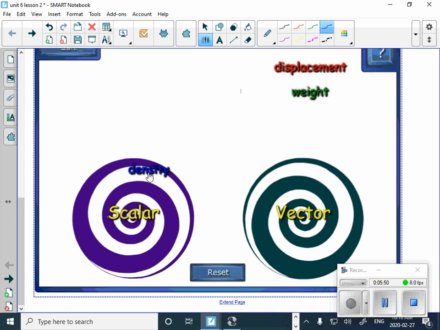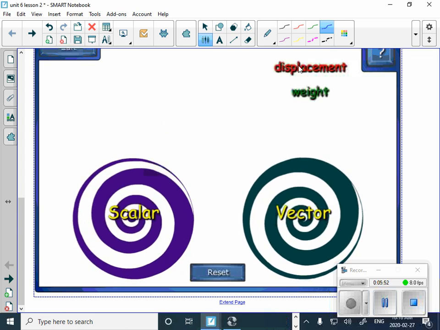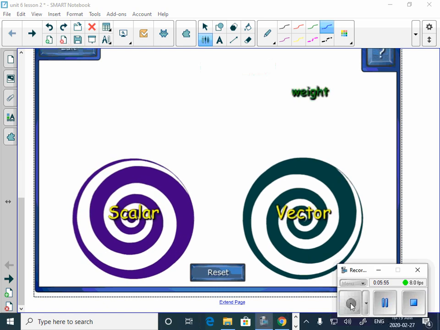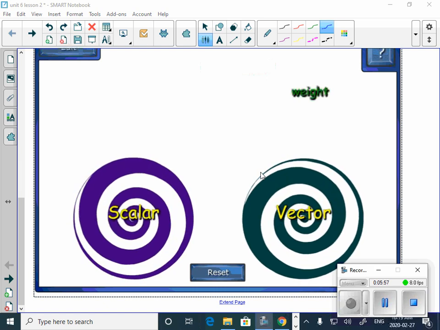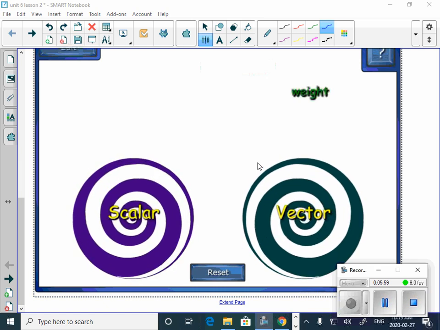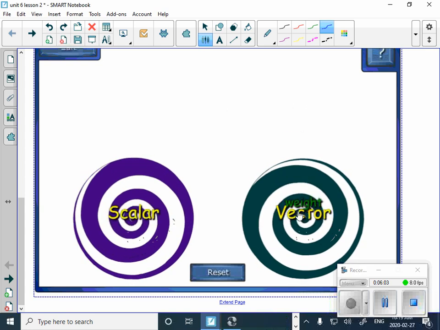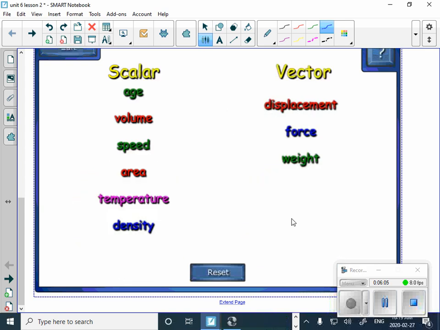It does not have a direction implied, nor does displacement. Oh, sorry, going too fast there. Displacement is a vector because it does have a direction. And strangely enough, weight is also a vector. My mass is the same on Earth and the Moon, but my weight is not. My weight is a vector because it has a downward force depending on the force of gravity.